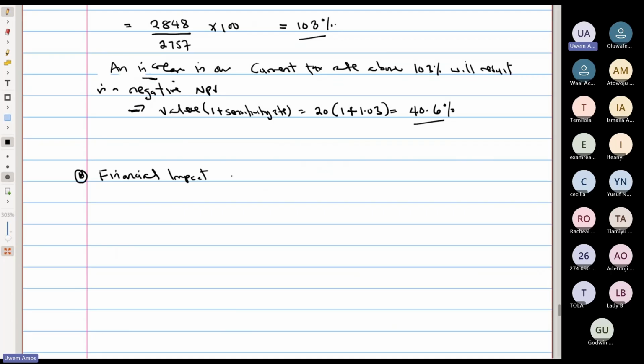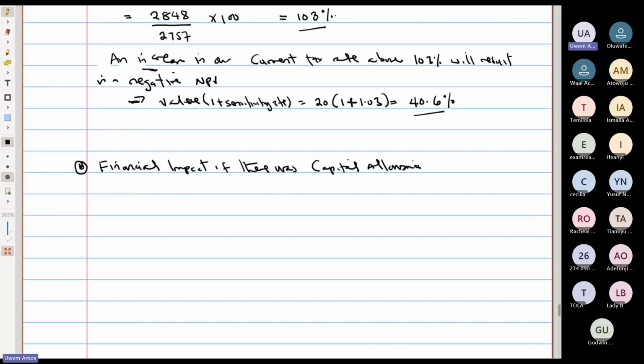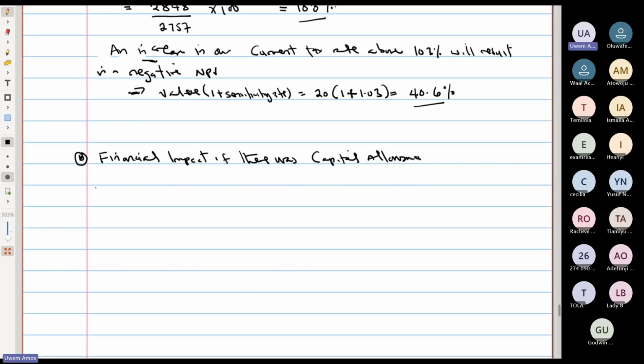Financial impact if there was capital allowance. There are different ways you can present it, but I generally like presenting mine this way. You would have the year, the description, the opening balance, and, for want of space, I'll write TAD, tax allowable depreciation.